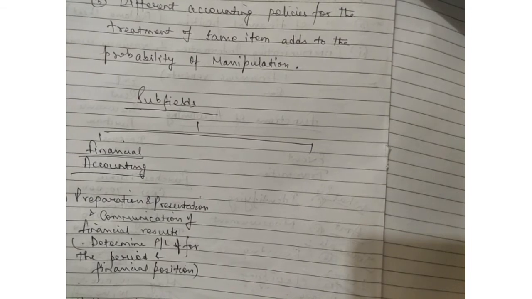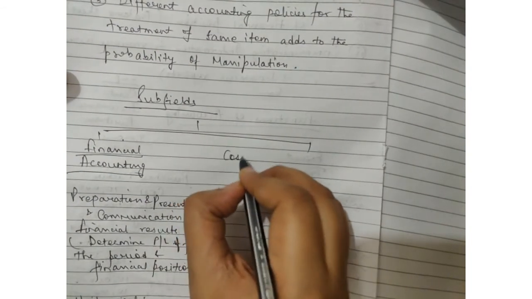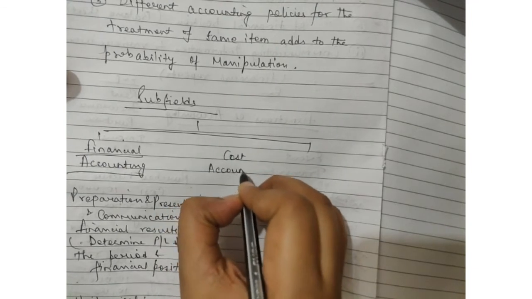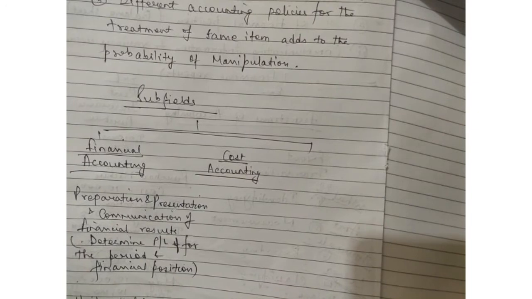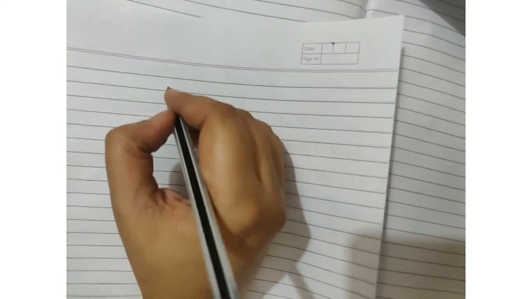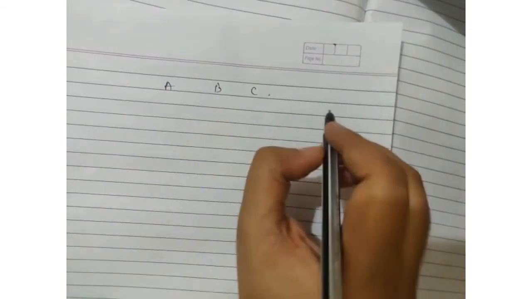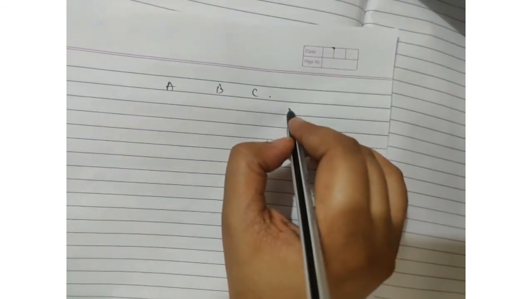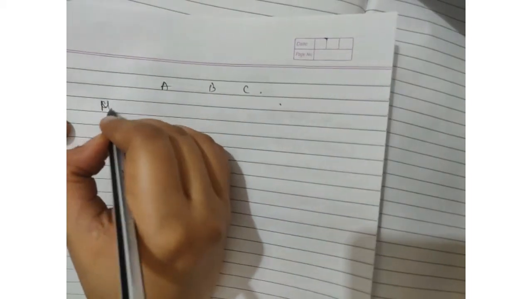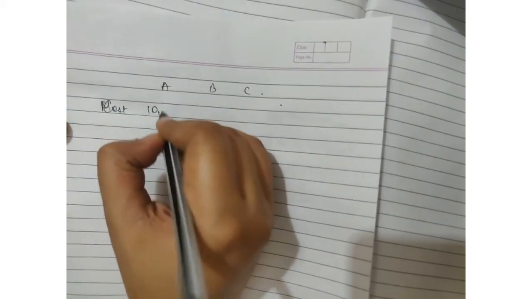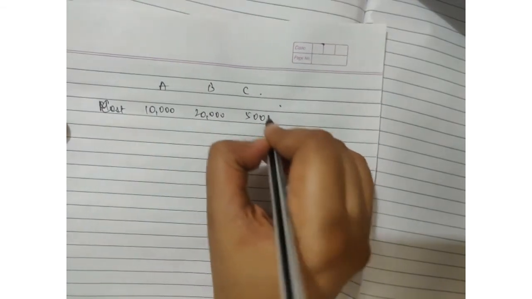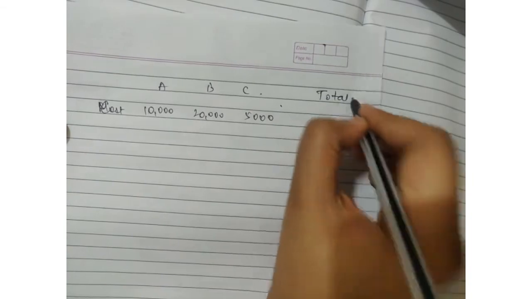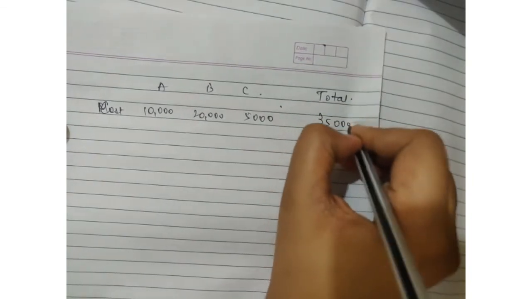The second subfield is cost accounting. Now, a company can be making three products. Say it makes products A, B, and C. Say the costs incurred for each product are 10,000 for A, 20,000 for B, and 5,000 for C. So the total expense will be 35,000.